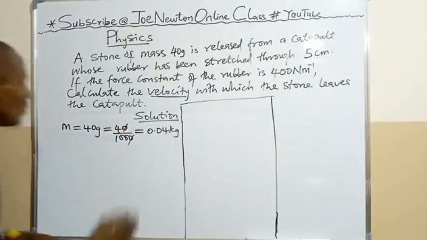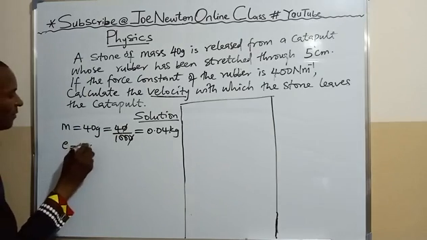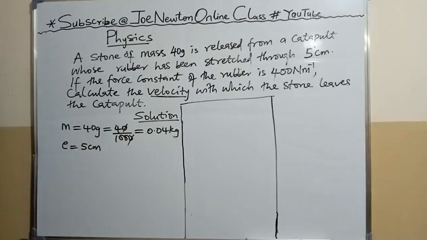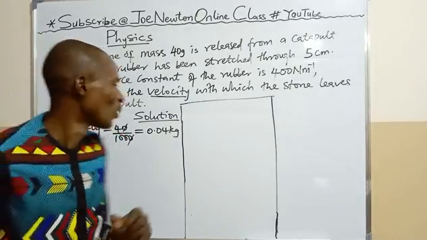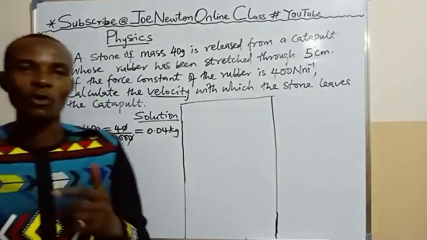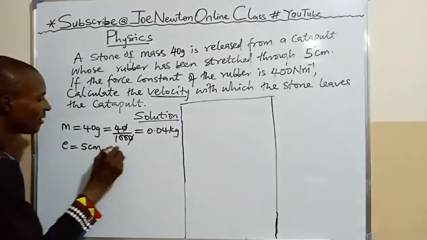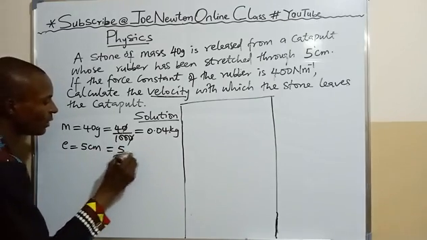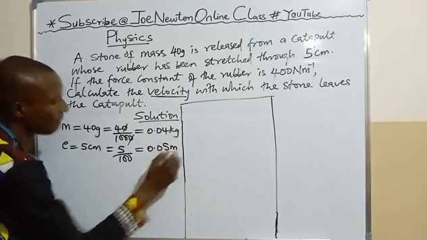That is the extension. We have that our E equals 5 cm. Again, this 5 cm is not in standard unit, so don't make that mistake. So we change it to meter. And recall that 100 centimeter make 1 meter. Then we have 5 over 100, which is equal to 0.05 meter.